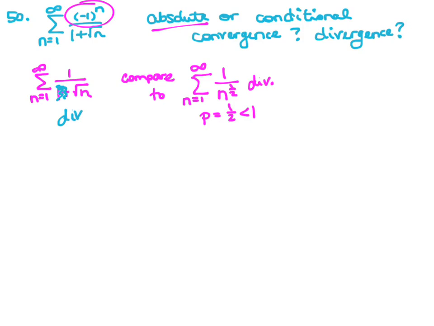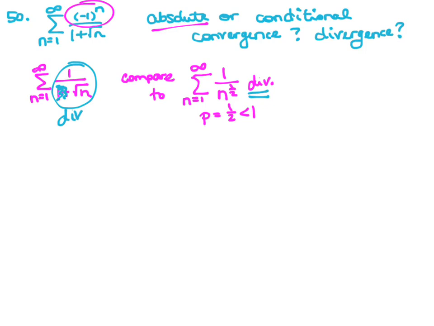If we were doing this on free response, we would need to show our work and actually do a limit comparison. I can't do this by direct comparison because since my comparison diverges, this one would need to be bigger than the comparison series, and it is actually smaller because of the 1 plus the square root of n.